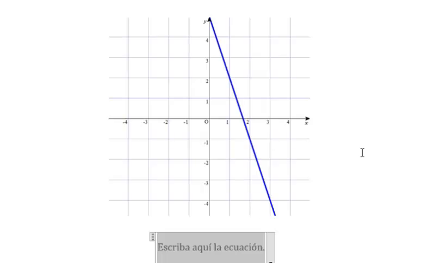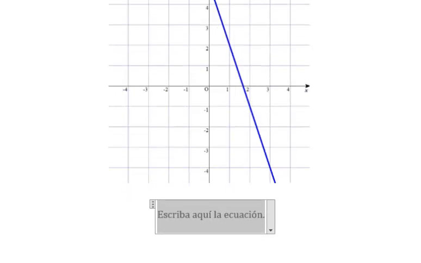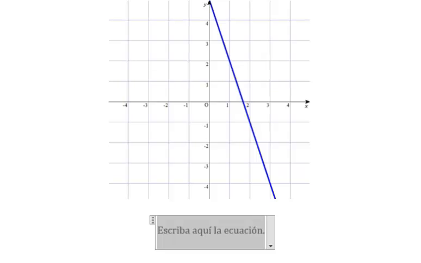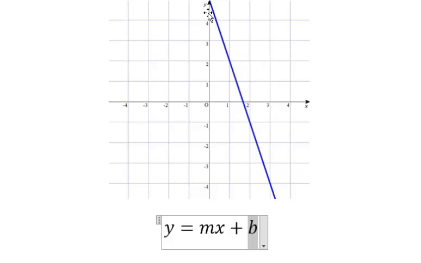So remember that the equation of a line is usually y equals mx plus b. It follows this pattern. So what I have to do is find m and find b. M is the number of squares that the line is moving, the pattern of the movement of the squares.